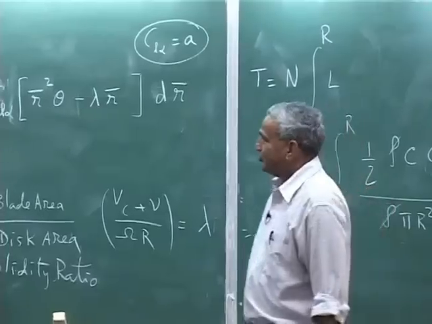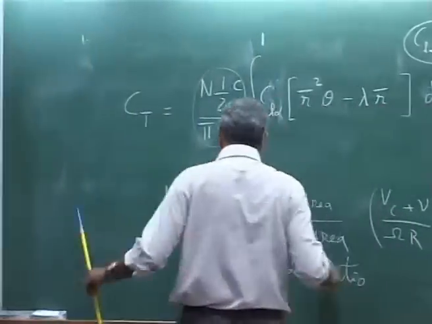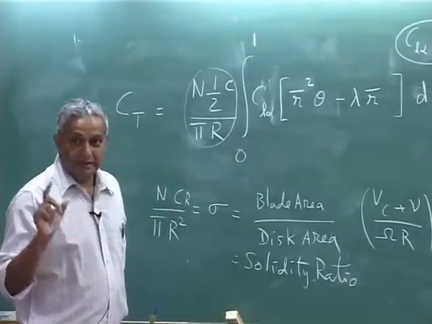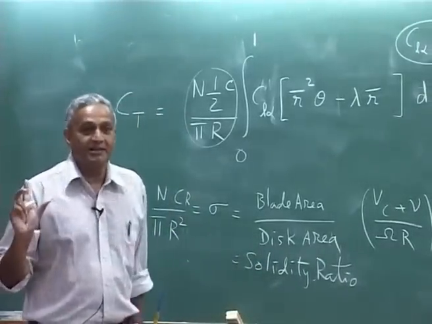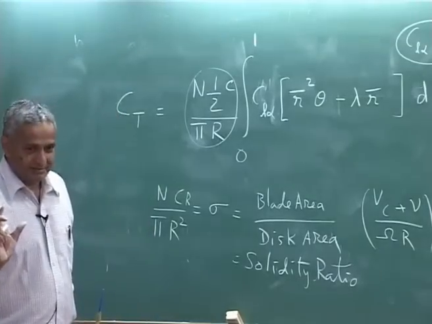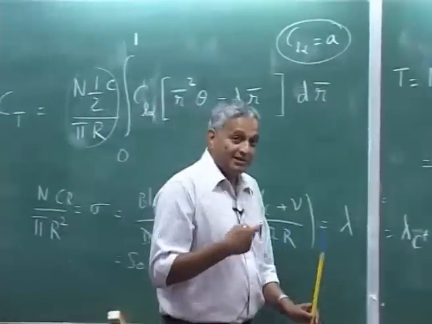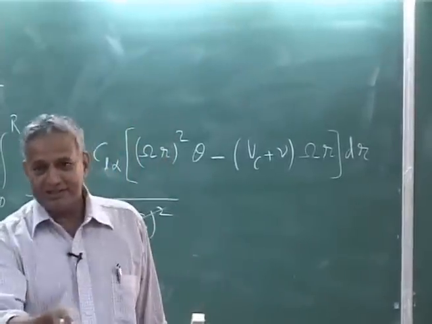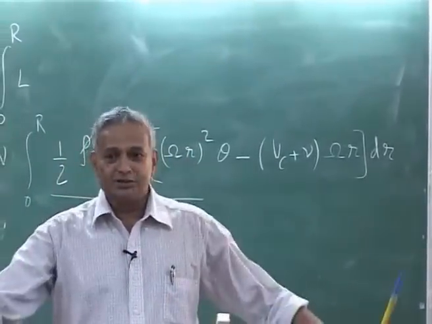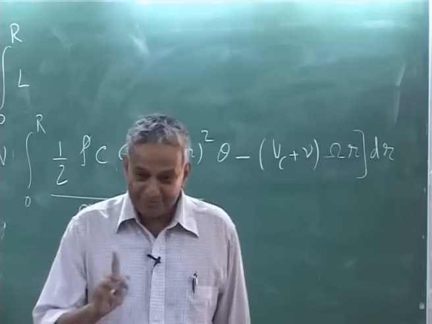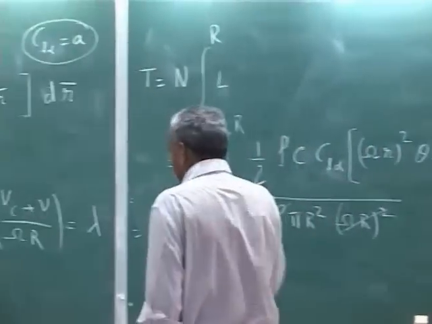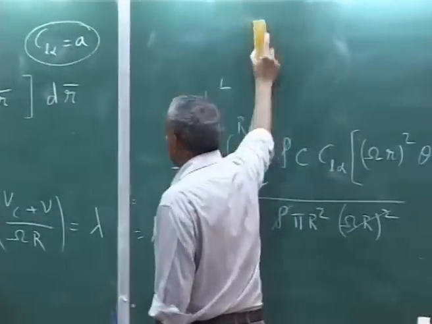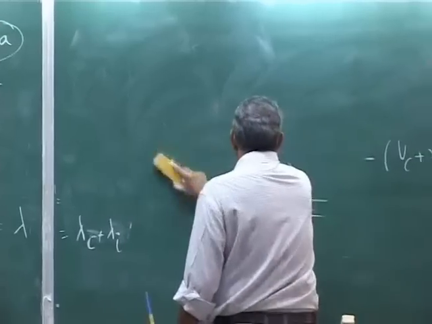Now, this solidity ratio is important, usually blade area divided by disc area. This is an important parameter, like you have the thrust coefficient. Now, we have introduced one more new quantity, the solidity ratio of the rotor, because that plays a key role as we go along, you will see. Now, this is my expression for Ct.